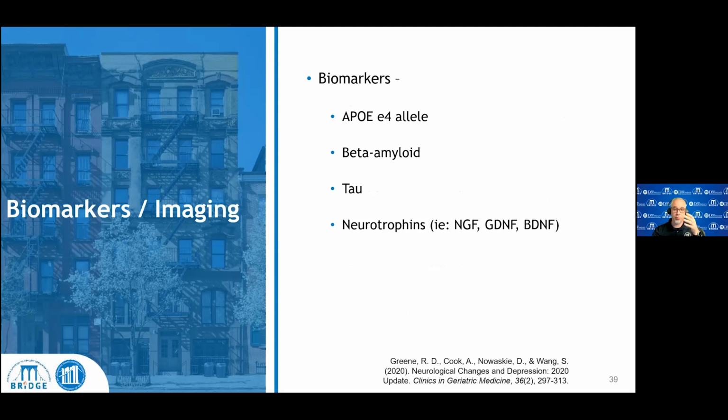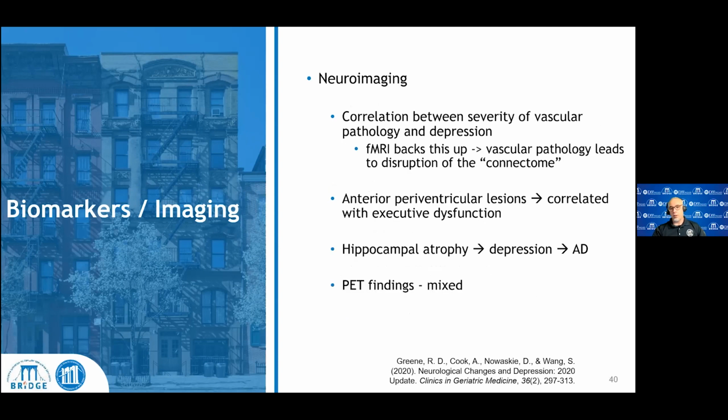And then there are some putative biomarkers, but these really deserve better validation before they move to the mainstream. Including ApoE4, beta amyloid, tau, and neurotrophins like BDNF in particular. There are neuroimaging biomarkers that are under investigation, like correlation between the severity of vascular pathology and depression, which has been backed up by fMRI studies.